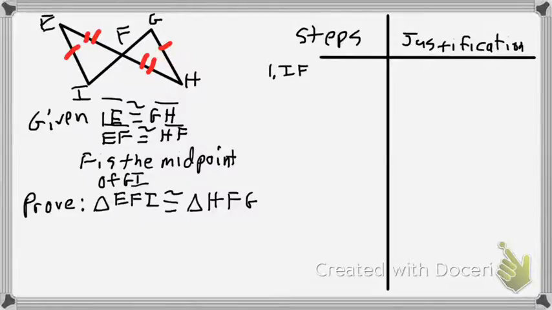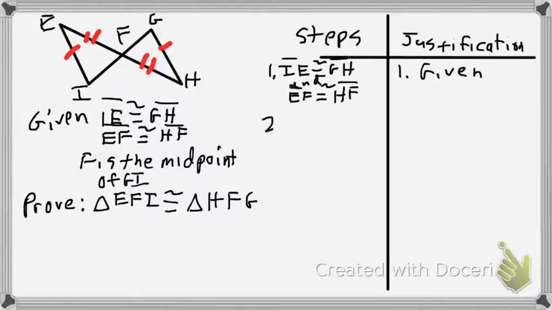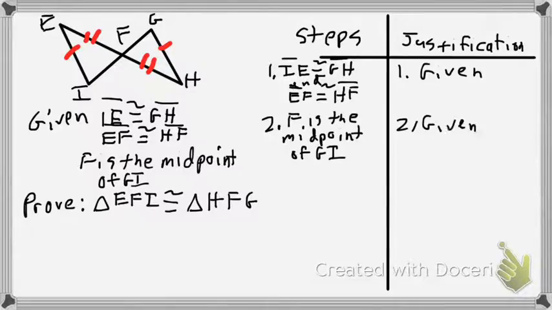We put down our givens as always: IE and GH, EF and HF are given. Then we put down that second bit of information too: F is the midpoint of GI, and that is given as well.